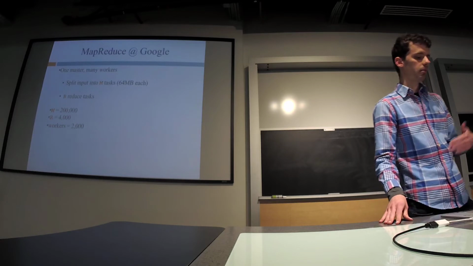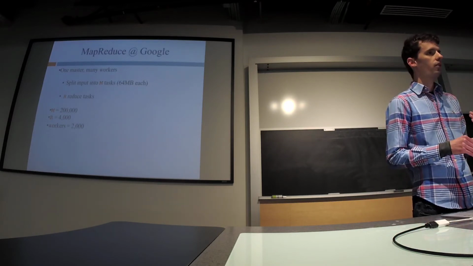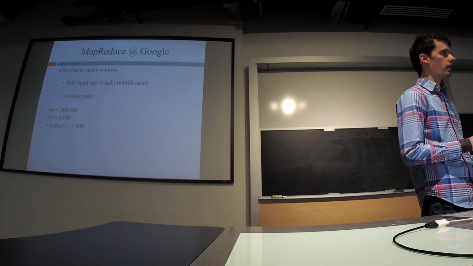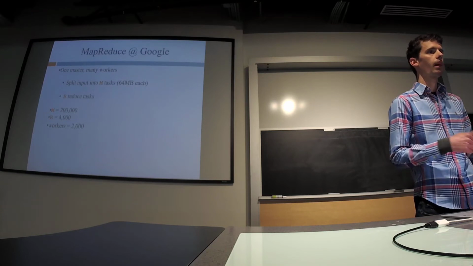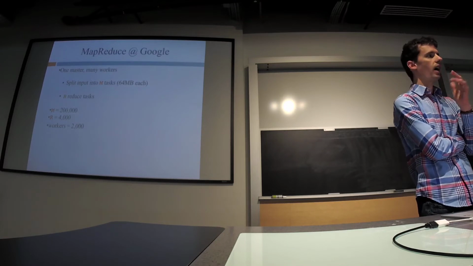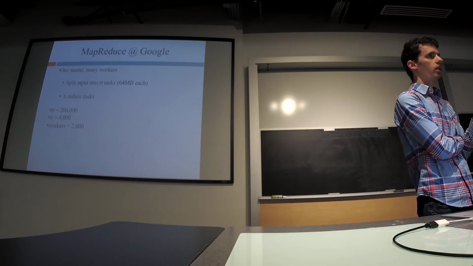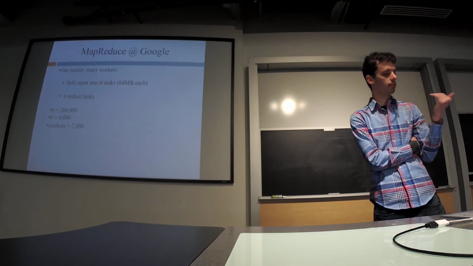The basic goal, sometimes it doesn't always work out this way, but the basic goal is if you have 2,000 machines, you want 200,000 map tasks. So about 100 times as many jobs as machines for the map phase. And then 2 to 5 or 2 to 10, something like that, 2 to 10 times as many reduce jobs as machines.